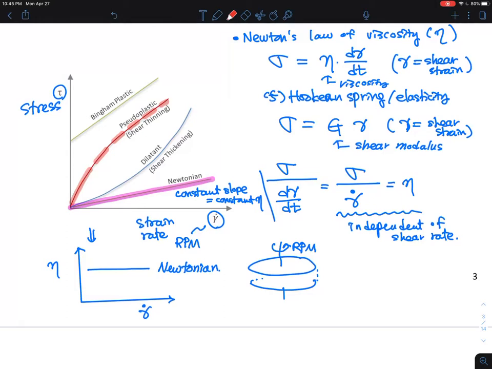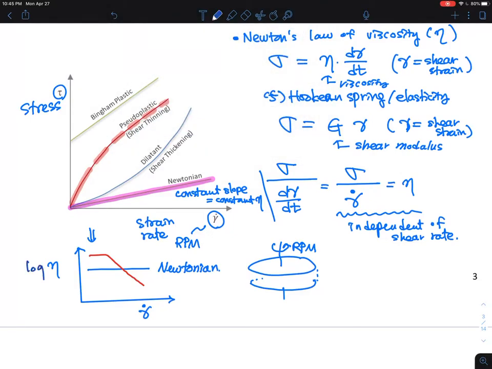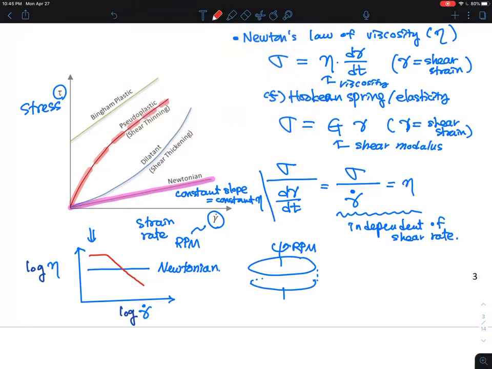In the beginning it is a little constant, and then it drops. In the rheology community, they use a log scale just to show how fast it's changing. And this is a non-Newtonian, and this region is called shear thinning.